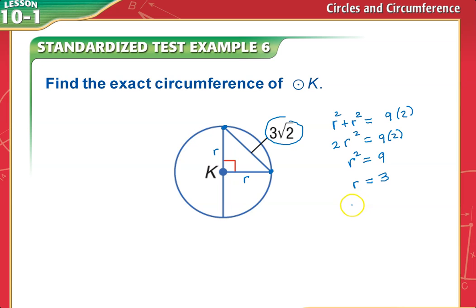If the radius is 3, remember circumference is simply going to be 2 pi times the radius. So our circumference is going to be 2 pi times 3. It says it wants an exact answer, so we're just going to say it's going to be 6 pi.